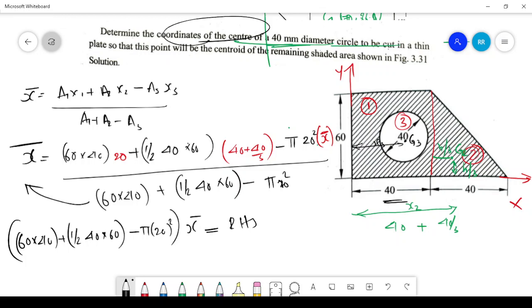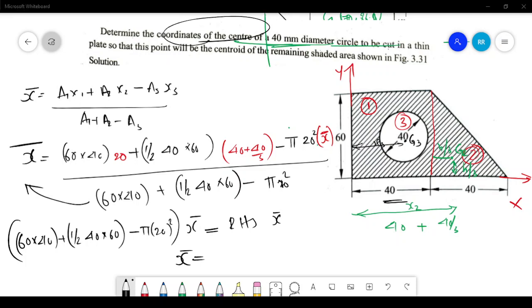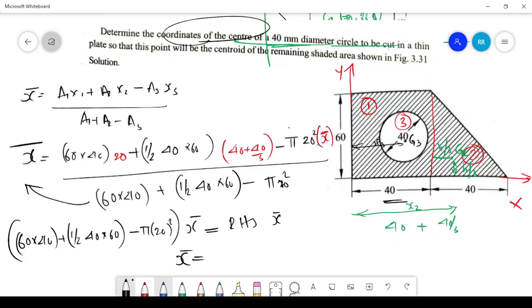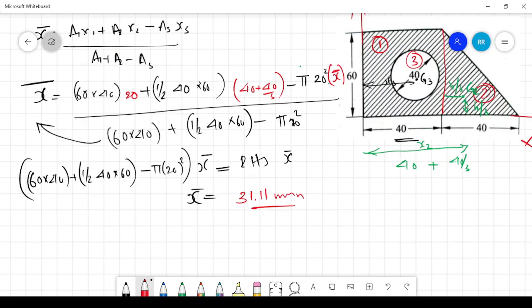In that RHS also we will have an x bar value. അല്ലേ, RHSൽ ഒരു x bar ഉണ്ട്, ഇവിടെ ഒരു x bar ഉണ്ട്. ഇവിടെ നമുക്ക് എളുപ്പത്തിൽ എക്സ് ബാറിൻ്റെ വാല്യൂ കണ്ടുപിടിക്കാം. ഓക്കെ, ദാറ്റ് വാല്യൂ ഓഫ് എക്സ് ബാർ വിൽ ബി ദ സെൻറ്റർ ഓഫ് സർക്കിൾ ആൻഡ് ഓൾസോ ദ സെൻട്രോയിഡ് ഓഫ് ദി എൻറ്റയർ ഏരിയ. ഓക്കെ, ദാറ്റ് വാല്യൂ ഈസ് ആക്ച്വലി അറൗണ്ട് 31.11 millimeter.